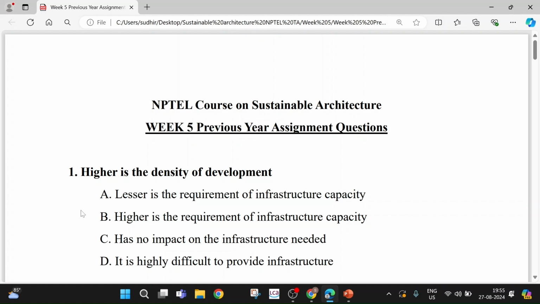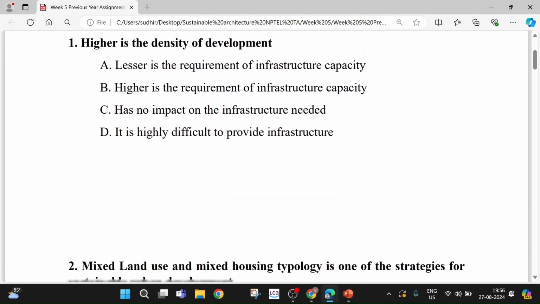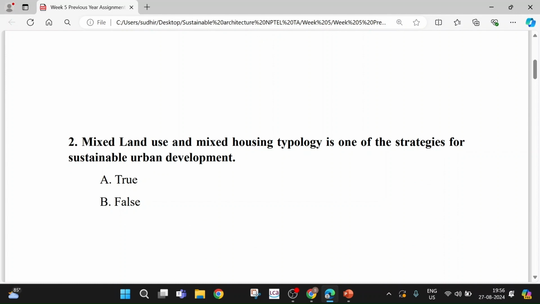Second question. Okay, here is the second question. Is it visible? So try to give an answer to this second question.